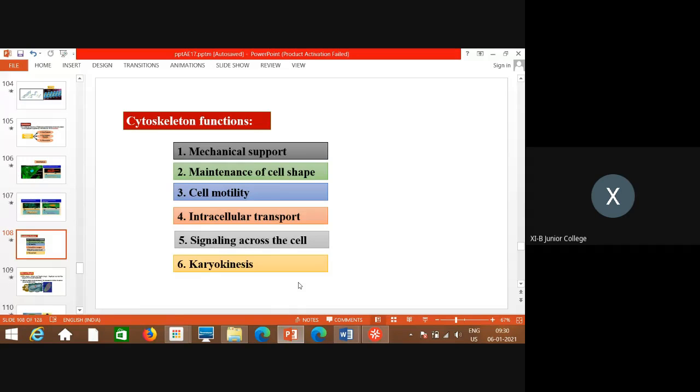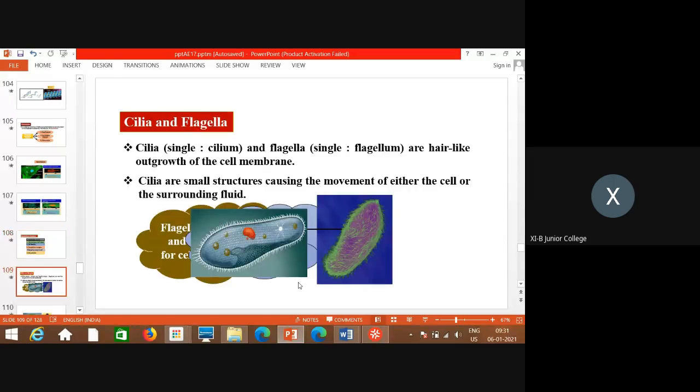Then signaling across the cell: while crossing the cell, some types of signals are important, and they are given with the help of the cytoskeleton. And karyokinesis. Kinesis is division, karyo is the nucleus. During the nuclear division also, they play a very important role. What exactly the role is, we will be discussing during the types of cell division.